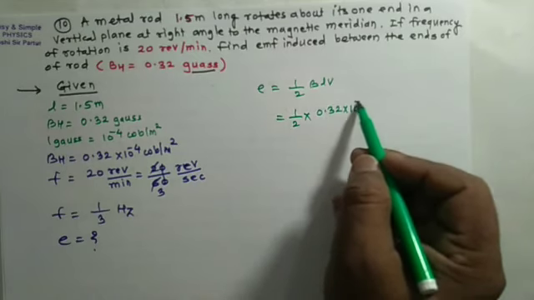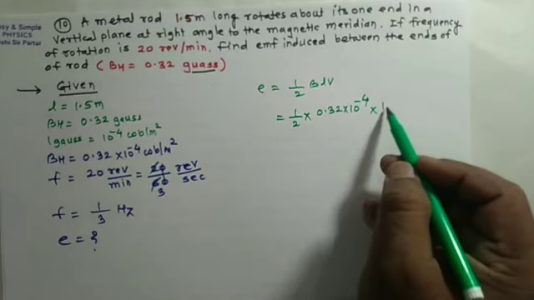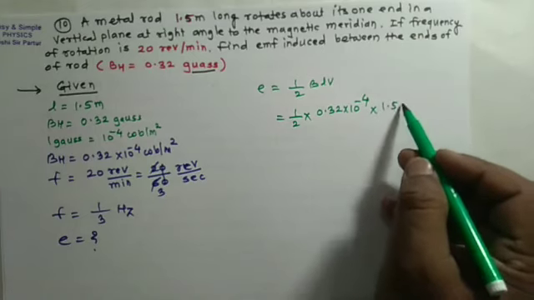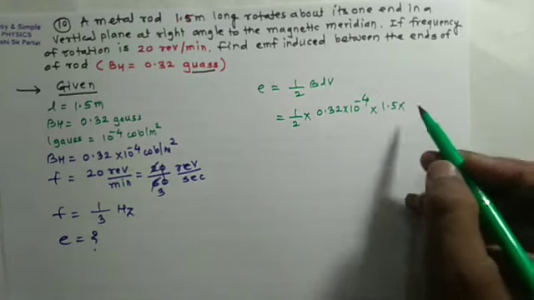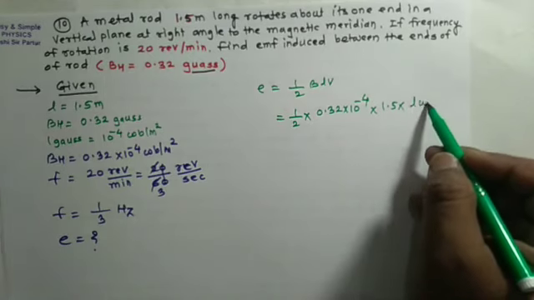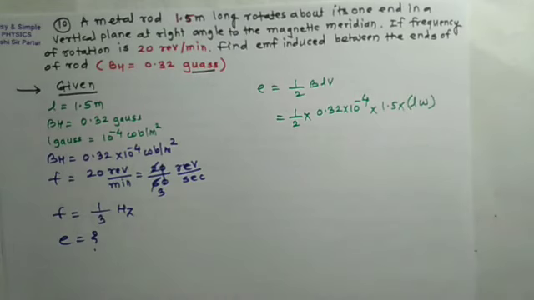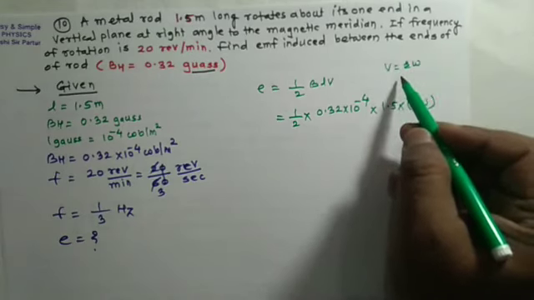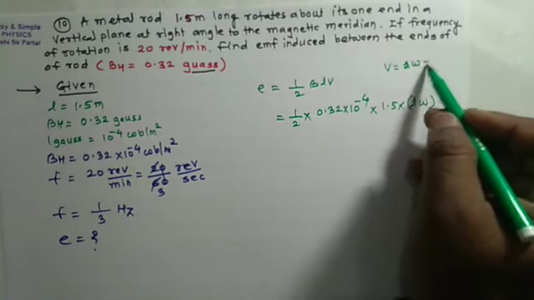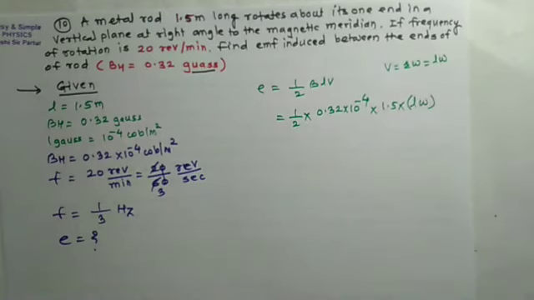So here 1 upon 2 multiplied by 0.32 into 10 to the power minus 4 multiplied by 1.5 multiplied by V. Here L is given, V is not given, so we can take V as R omega, that is L into omega. V is equal to R omega. For a rod in circular motion, we can take the radius as the length, so L omega.